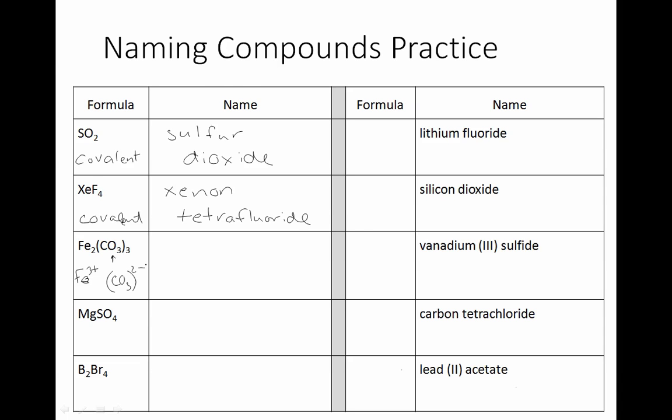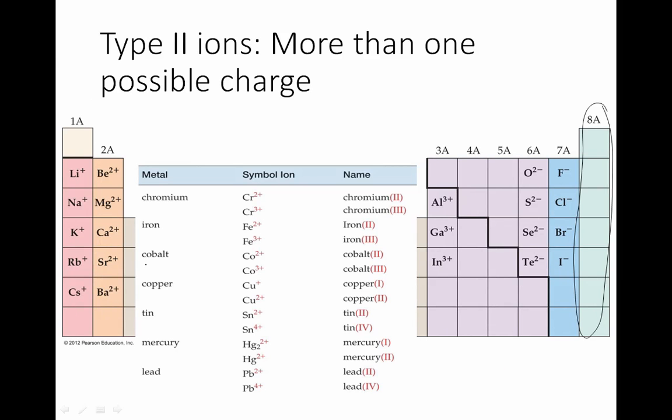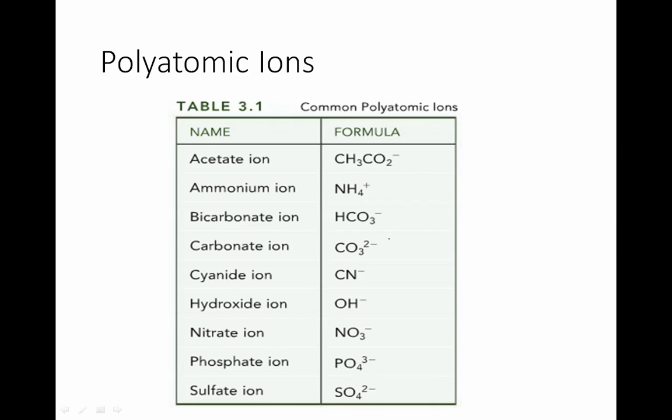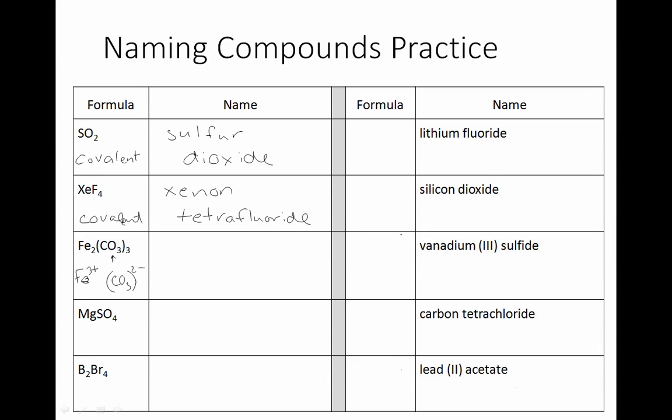Fe3+, type 1 or type 2 ion? Type 2. Then carbonate, CO3 2-. So how do we write that? Iron and then carbonate, just like that? No, I'm missing something. Roman numeral 3, iron 3, carbonate.